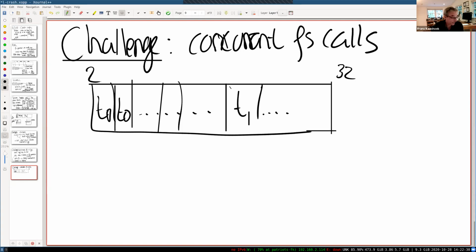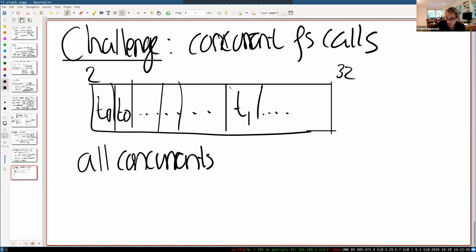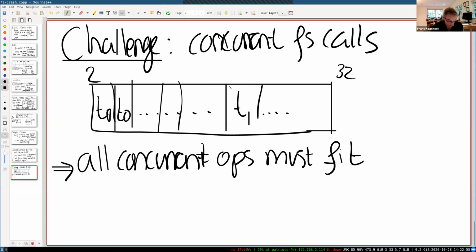So it has to be the case that the concurrent transactions must fit in the log. In fact, all concurrent operations must fit. So this is sort of a challenge, correct?